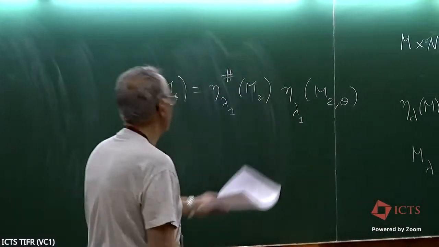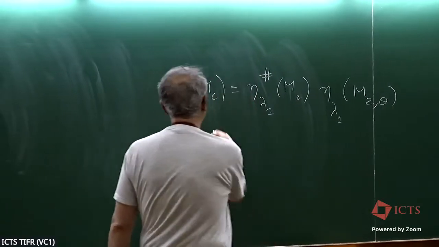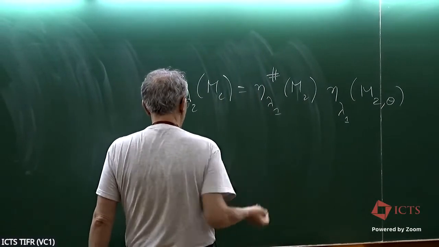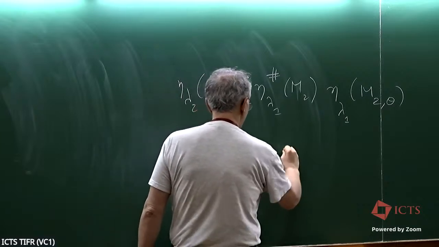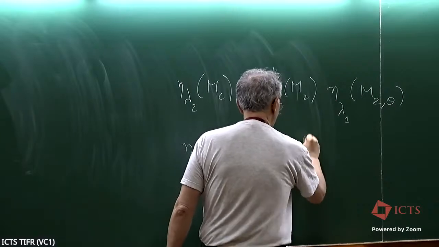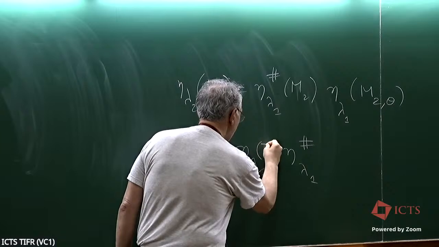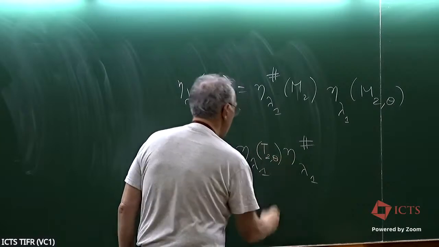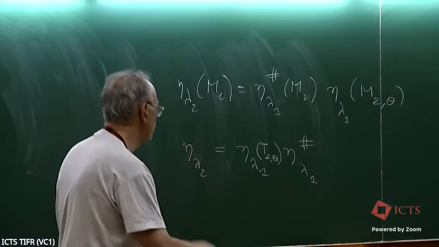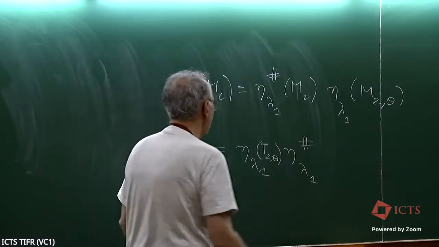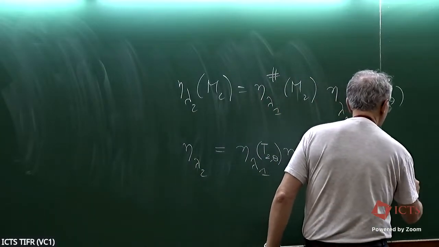So this is exact, but this is not exactly eta lambda 1. Even for the Hecke module, you don't have exactly the factorization like this. You have to modify this by eta lambda 1 of T2 theta, the largest sub of T2 on which T2 acts through T1. So that is correct, but this is only a divisor of the natural thing you could expect.